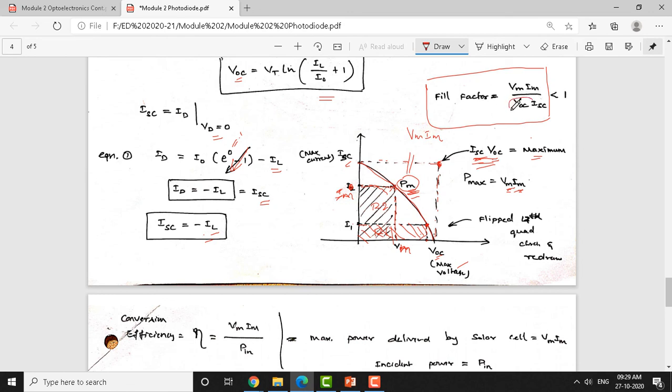Since this denominator is always a large value compared to the numerator, which is a subset of VOC into ISC, another way I can say is that this bigger square and the area you choose to harness maximum solar energy, this area over this area is always less than 1.